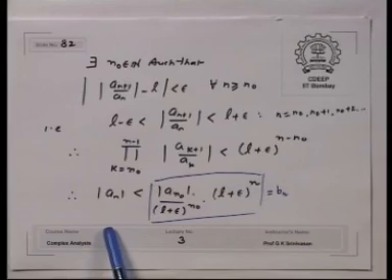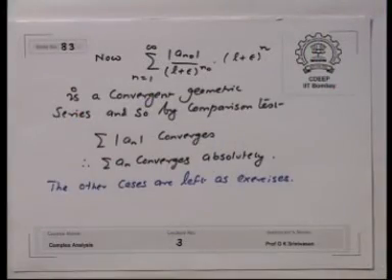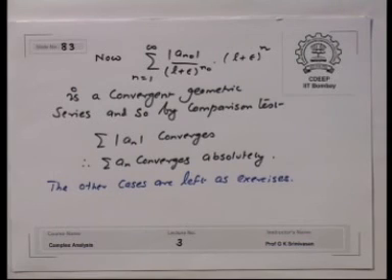In other words, sigma an converges absolutely. That completes the argument for the first case, alright. So that is all I have written down. The other cases I am leaving as an exercise for you.